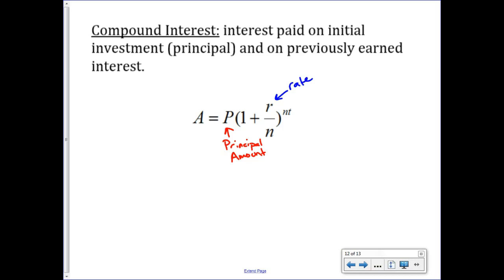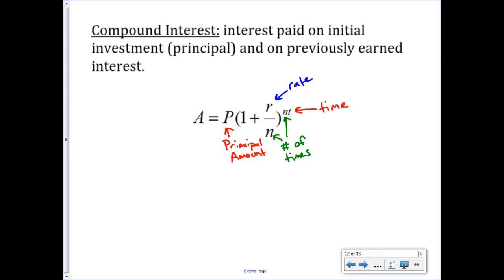N is the number of times. Notice it's in there twice. Something is compounded. And then T is still our time. And A represents our final amount after we've done all of that.